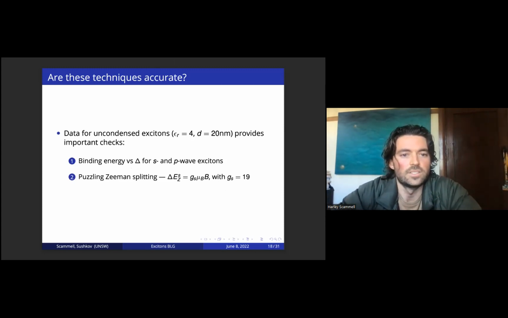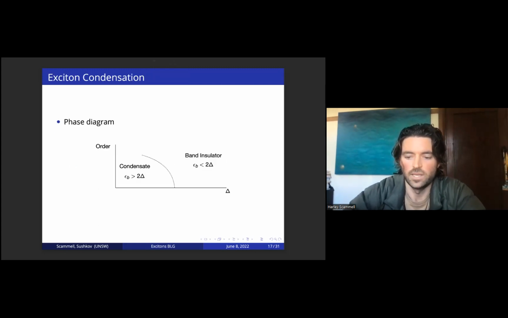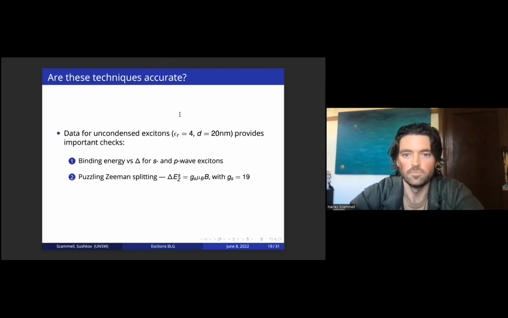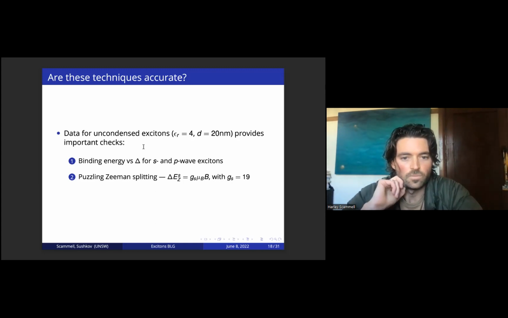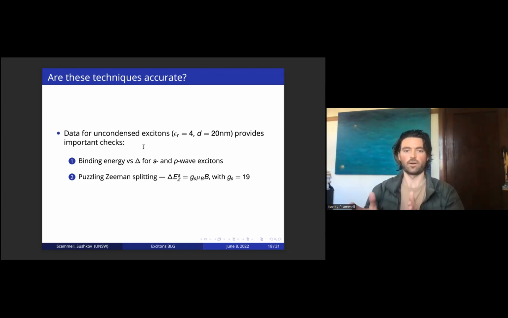There is data for uncondensed excitons, so deep in the band insulator phase, for HPN encapsulation, so this dielectric of 4, and D equals 20 nanometers. Sorry, I didn't link what experimental paper this was, but there are two key observations we can compare our theory with: the binding energy versus delta, or the total excitonic energy versus delta.